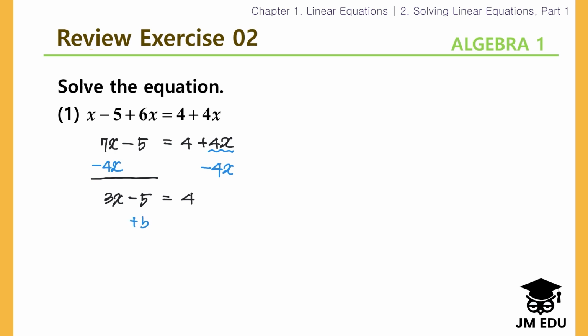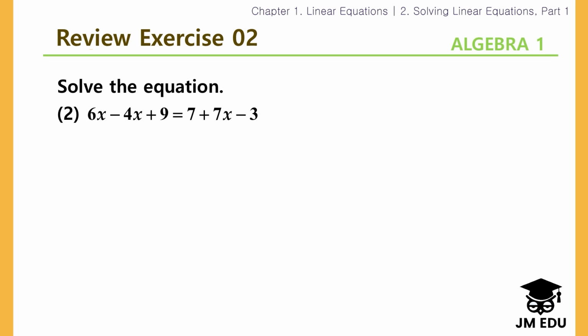So plus 5 here, plus 5 here. So that is equal to 3x, and right hand side 4 plus 5, that's 9. Now finally divide by 3 to eliminate this 3 right here. So x is equal to 9 divided by 3, which is 3.